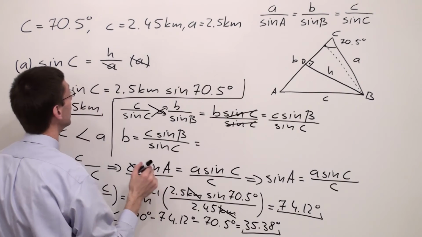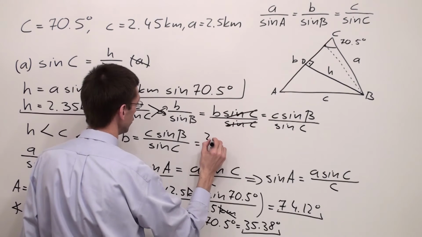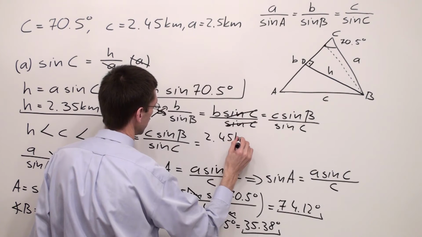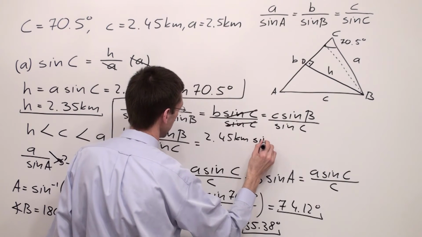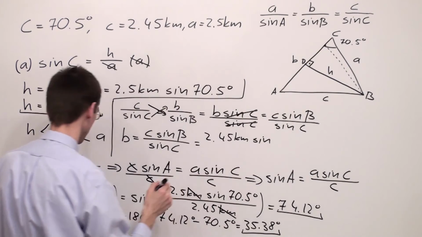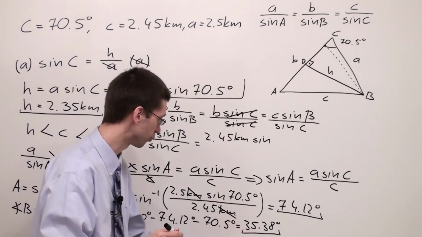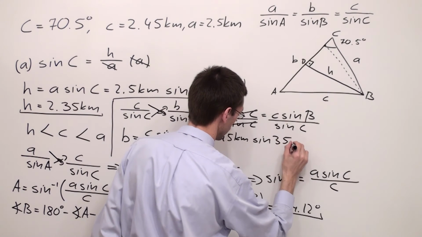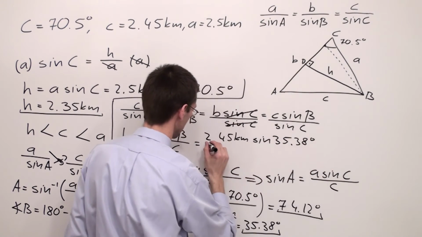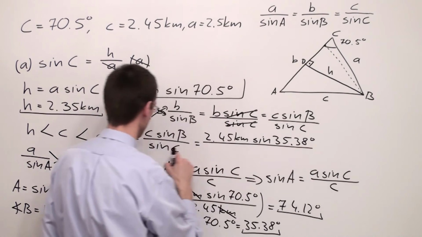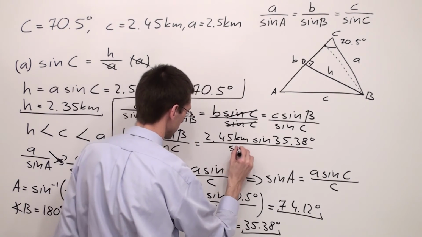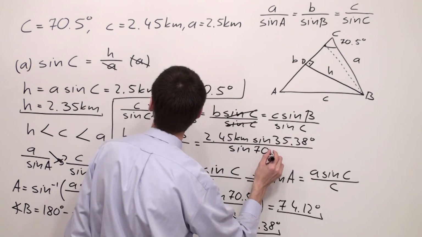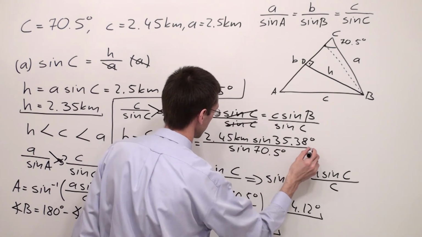This is equal to C, 2.45 kilometers, times sine of angle B, and we found B is equal to 35.38 degrees, over sine of angle C, and we have 70.5 degrees.